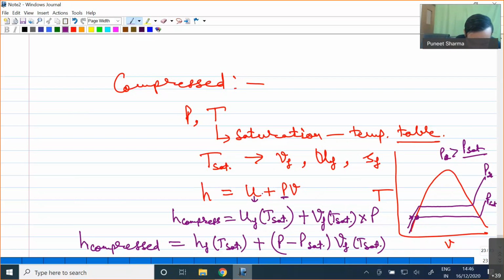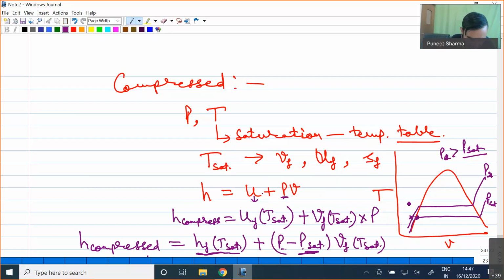Enthalpy at the saturation point is already taking into account the contribution of P saturation. So while extending it to the compressed state, we will not include that contribution of P saturation, rather we will include only the contribution of additional pressure. So this is another formulation which we can use. This point is clear? Yes, sir.